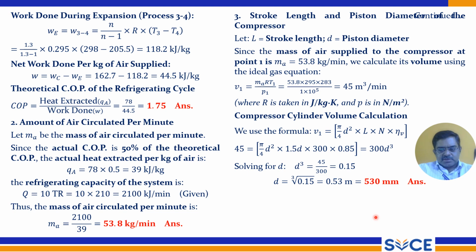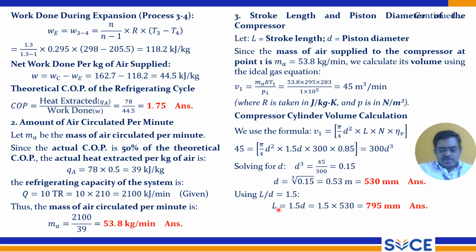So this is the D value, and we have to find the stroke length also. Stroke length can be computed: L equal to 1.5 into D. So L equal to 1.5 D, that is equal to 1.5 into 530, that is equal to 795 millimeters.